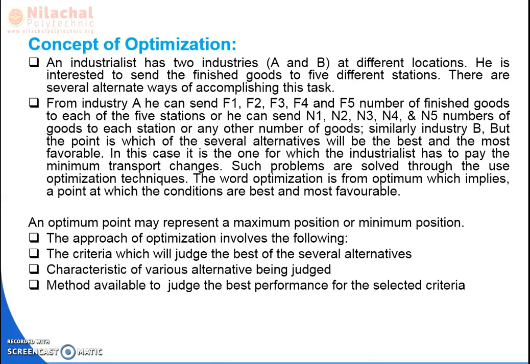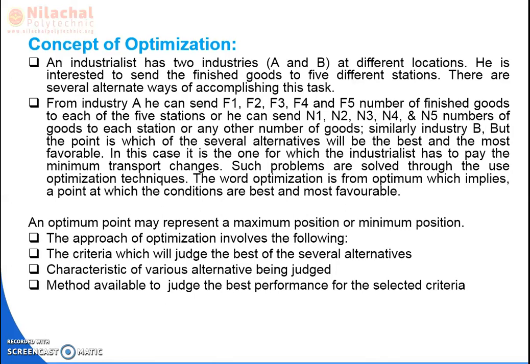Now let's consider how to understand the optimization process. For example, an industrialist has two industries. One is A, another is B. Both are located at different places. The industrialist is interested to send the finished product to 5 different stations. There are several alternative ways to accomplish this task.